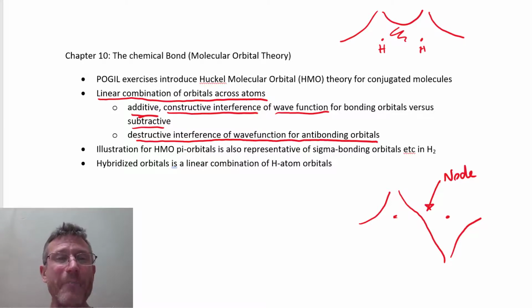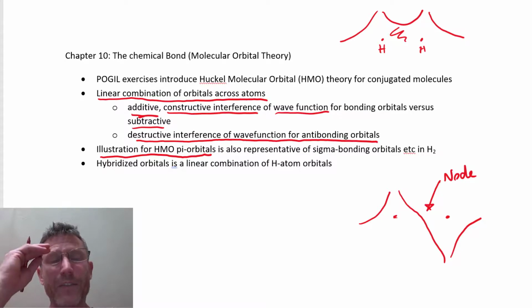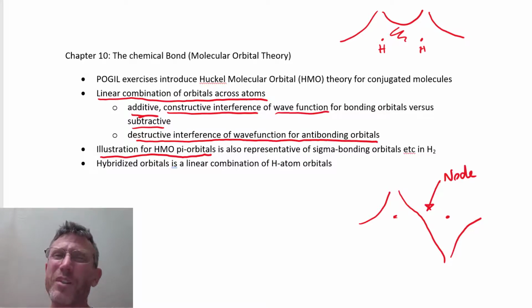As I said, that illustration of the Huckel molecular orbital, pi orbitals work that we did in chemical activities 14 and 15 is also representative of the sigma bonding orbitals in the hydrogen molecules.